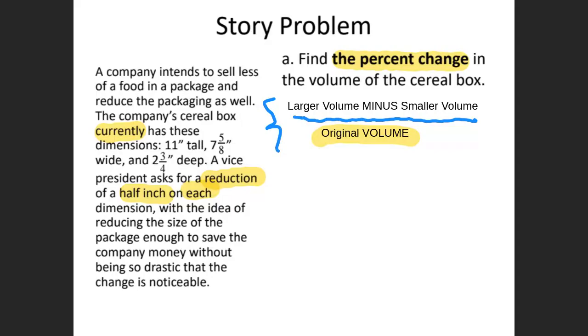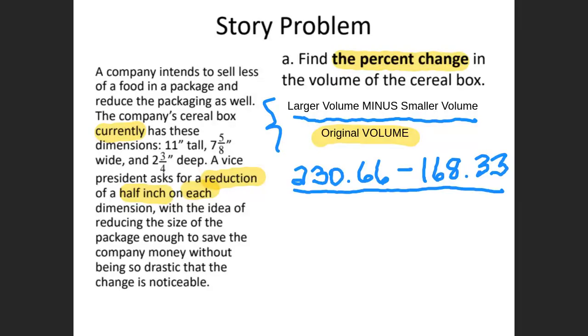This is 230.66 minus 168.33. Now, the original area, or volume, is 230.66.